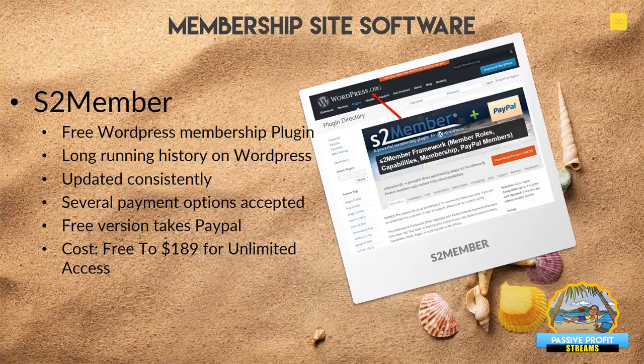There's a free version that takes PayPal, and so your price range is going to go anywhere from free to $189 for unlimited access. And so if you go to wordpress.org and just do a search, you can look in their plugin directory and look up S2 Member, and you can get more information on there.